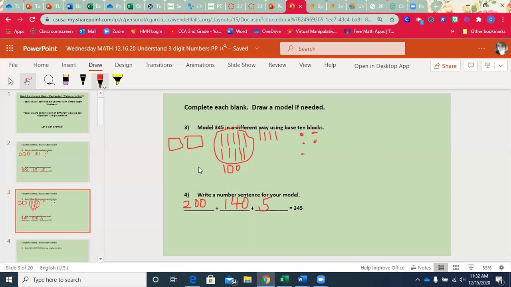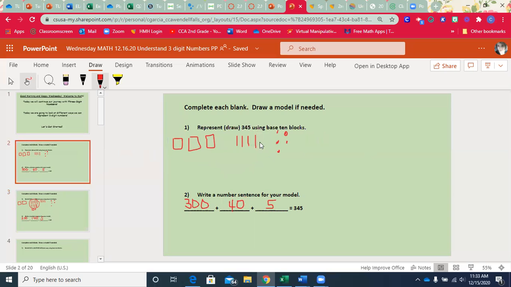Now on this next slide, I'm going to ask you to do it in a third way, an additional way, a different way. And for this way, I'm going to go back to this original drawing that I started with, the 300s, the 4 tens, and the 5 ones.